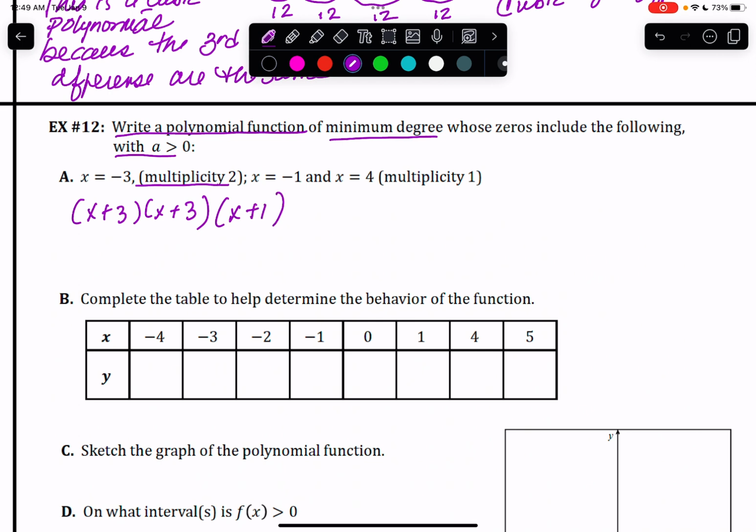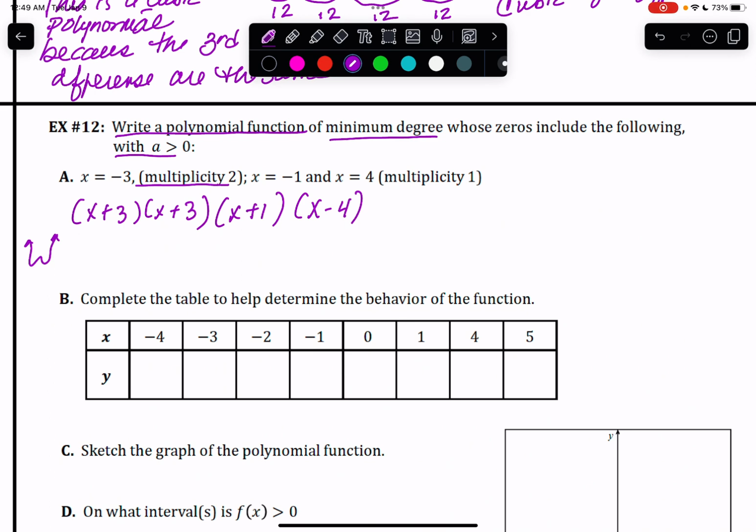And then it gives us x equals 4, so we would have a factor x minus 4. Both of those have multiplicity 1. So the degree of this polynomial is going to be a 4th degree polynomial. I already know that my graph is going to point up because the leading coefficient is positive. All right, so it says write a polynomial function.